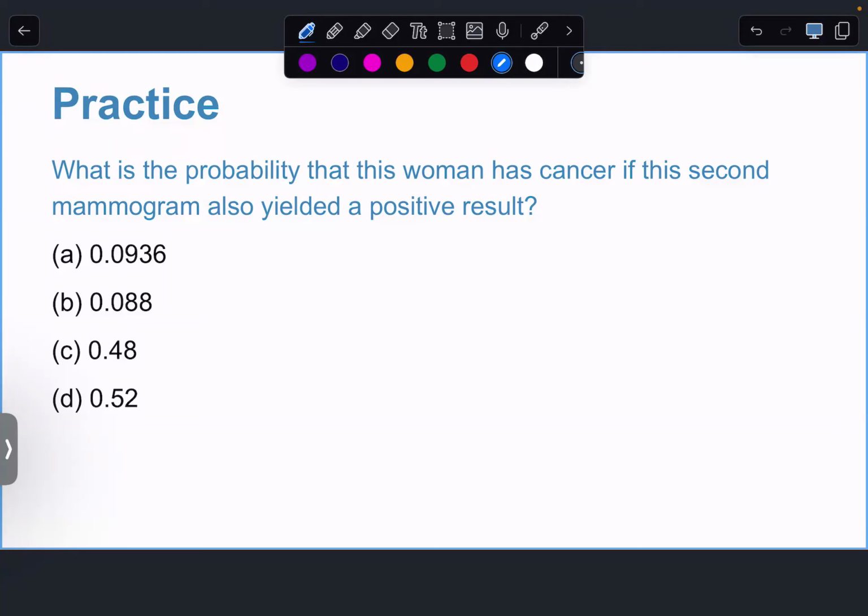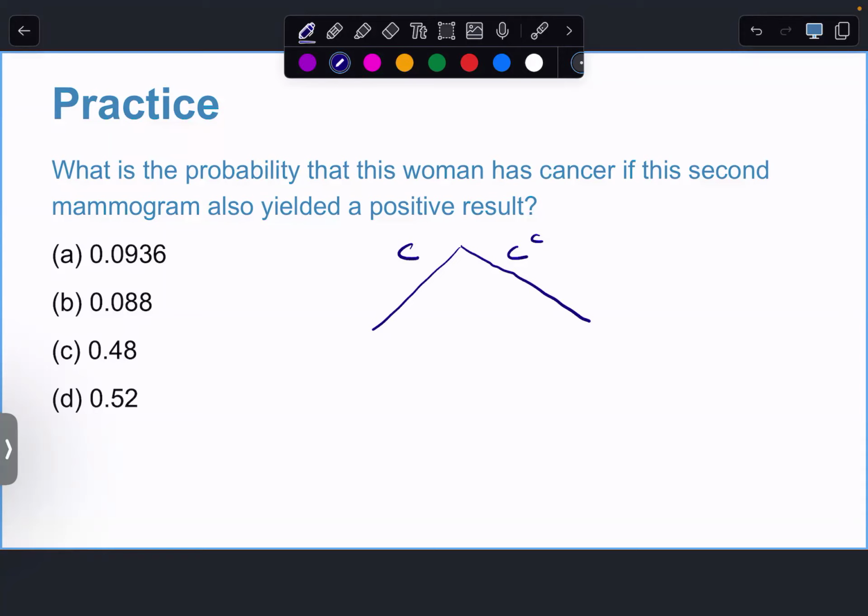We'll be quicker this time. For this particular woman who's already had a positive result, altering the probability of cancer, upping it, let's keep it at 0.12, right?